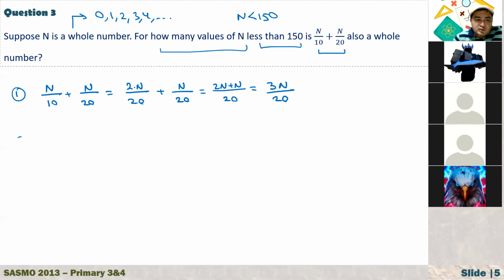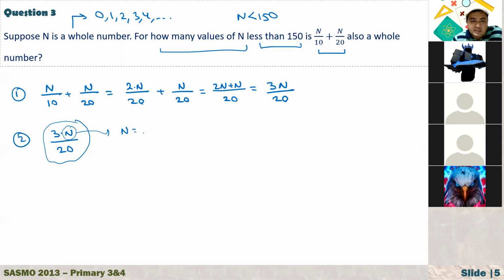Now, I just wrote our expression in a simpler form. For this 3 times n over 20 to be a whole number, since 3 and 20 don't have any common factor except 1, this n must be divisible by 20. So what are the possible values of n?